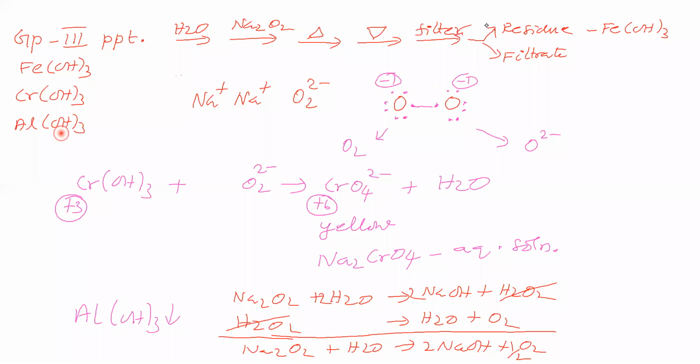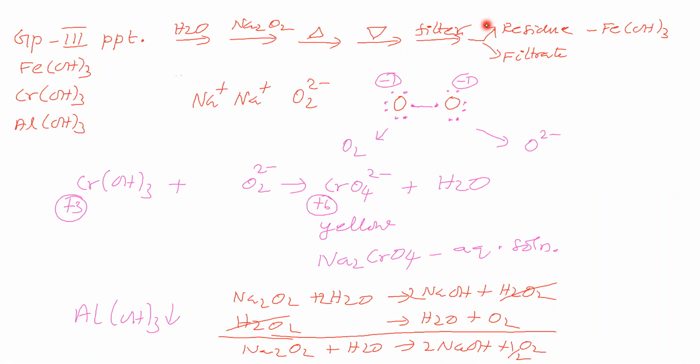Then aluminum hydroxide dissolves in excess sodium hydroxide solution and goes to the filtrate as meta-aluminate. Therefore, the filtrate contains sodium chromate and sodium meta-aluminate.